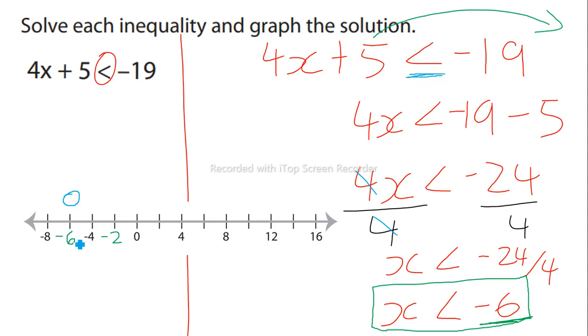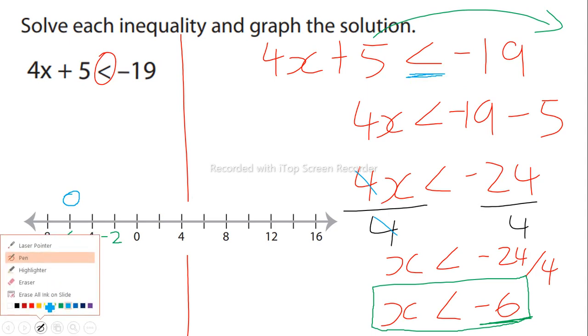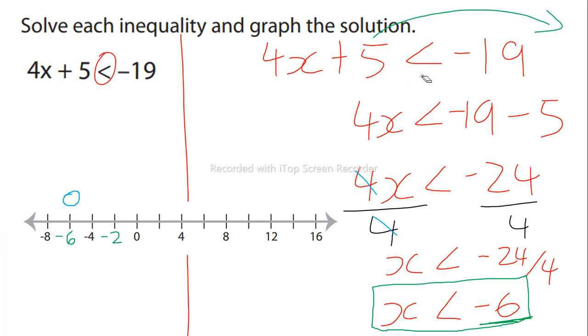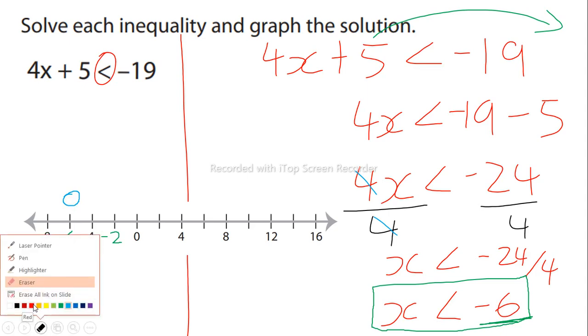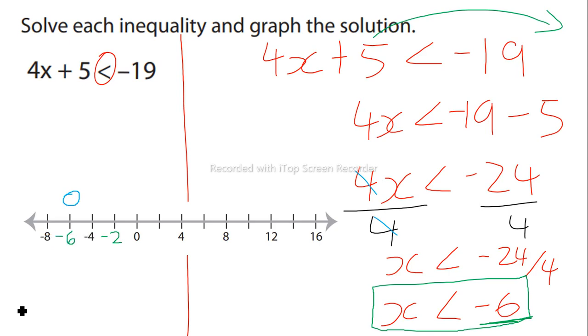It's strictly less than, so because there's no line underneath it, this -6 is not included. So we leave it open, and then we draw the line to the left or to the right. To the left. The reason it's to the left is because we're getting smaller and smaller because they say x is less than -6.